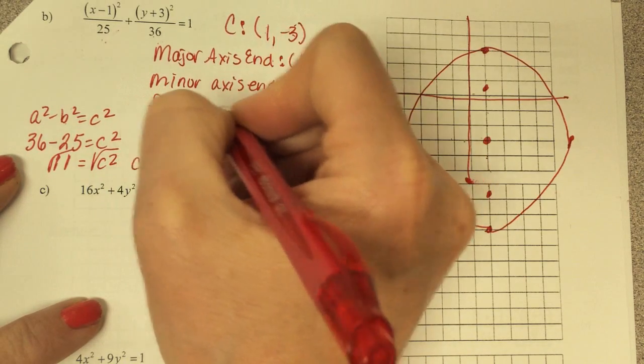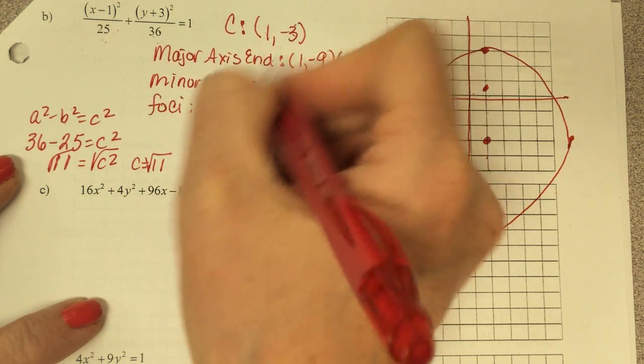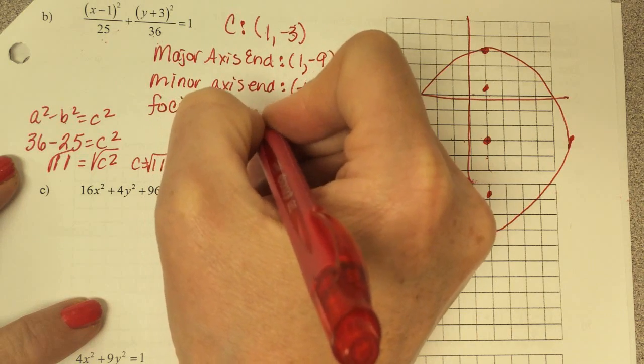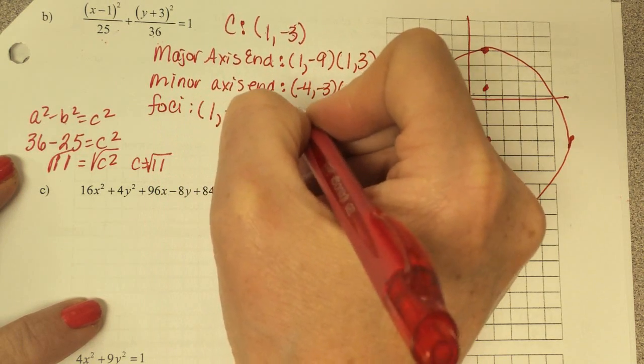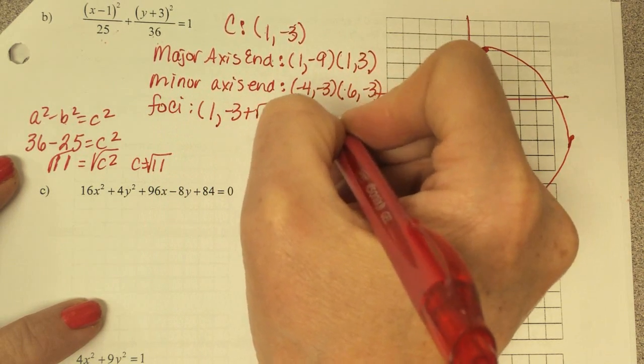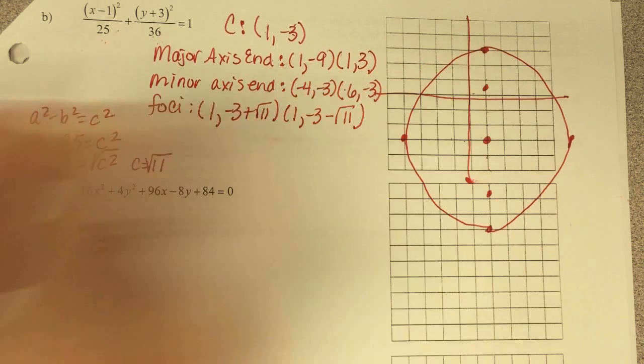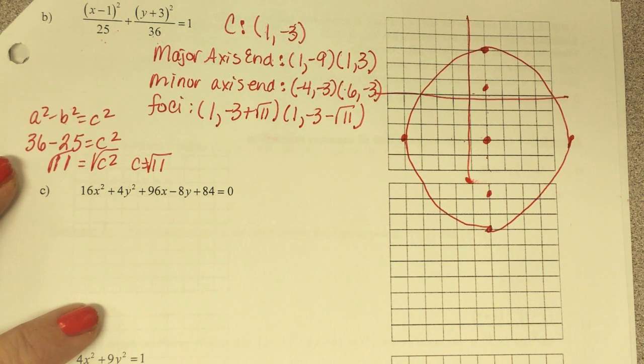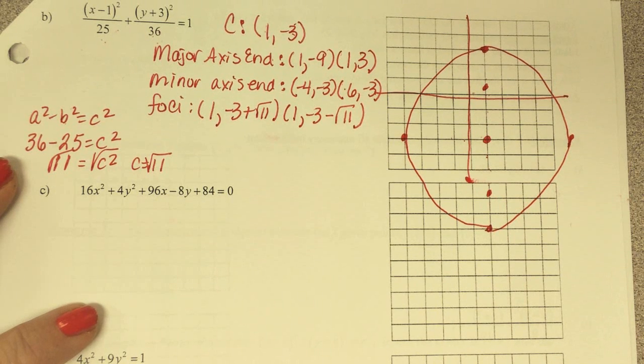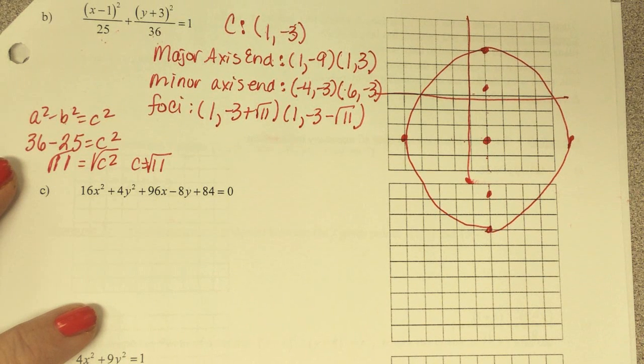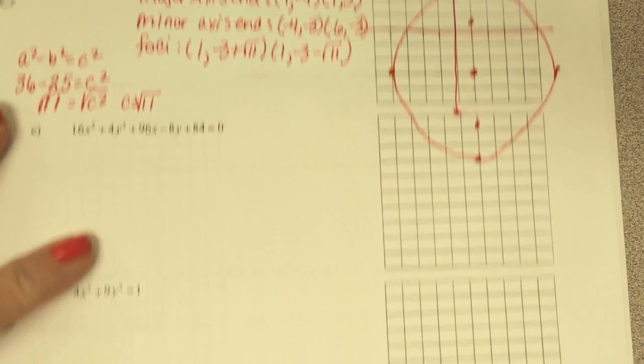What I did was x didn't change, but for the y, I had to add radical 11. Again, x didn't change, but for the y, I had to go down radical 11. And those are all the important parts we need for an ellipse. Questions on that one?